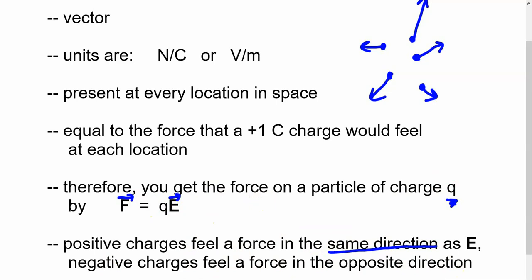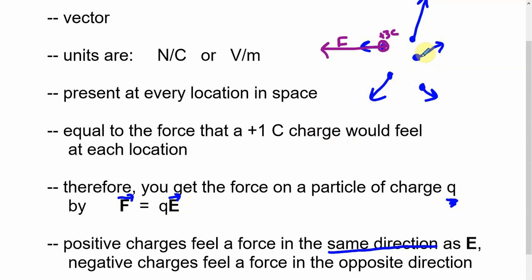So what I'm saying is if you put a positive charge right here, and let's say it's plus 3 coulombs, and the electric field is as I drew it, then the force will be 3 times that electric field, in the same direction, just 3 times as big. That'll be the force that that object feels.